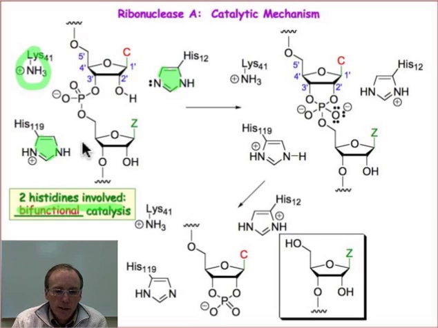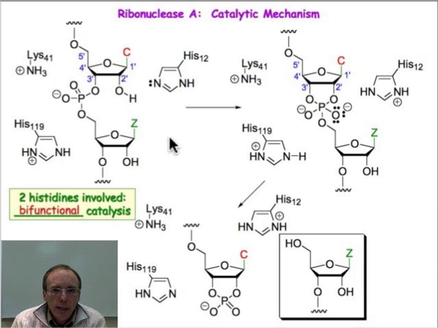The way the mechanism gets started, right away we'll see how the 2' hydroxyl group comes into play. The most basic position, remember, is this sp2 position on the imidazole ring of histidine. That sp2 hybridized, or the N2 functional group, as we like to refer to that nitrogen, is the most basic site.